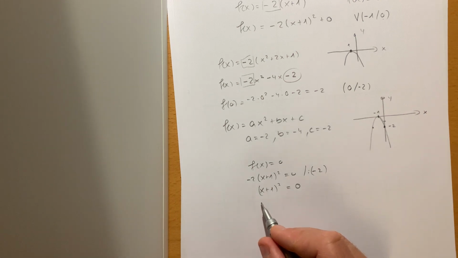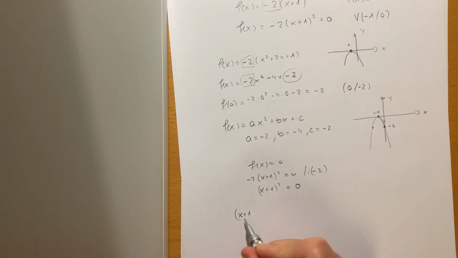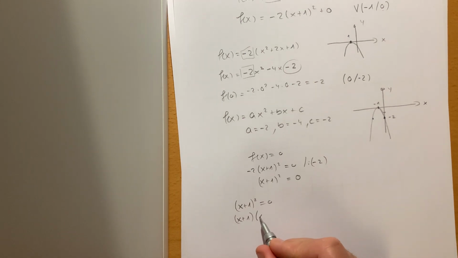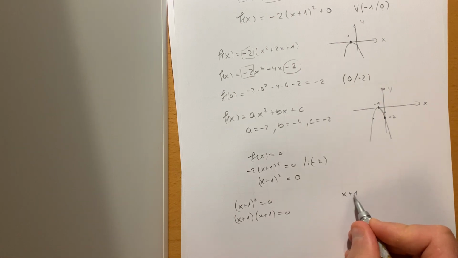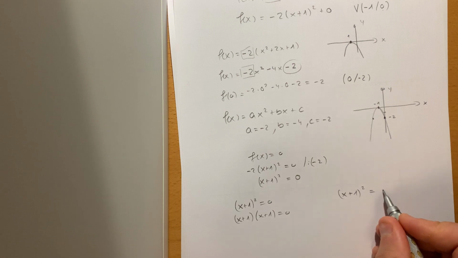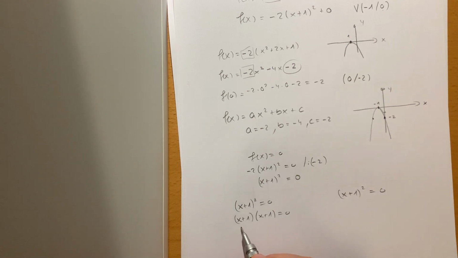Now look, you can either write it like this: (x plus 1) squared is 0, and then (x plus 1) times (x plus 1) is equal to 0, or you can leave it at this. I'm going to talk about two possibilities here. Well, now either the first factor is 0 or the second factor is 0. Whenever you have a times b is 0, then the first factor is 0 or the second factor is 0, or both.